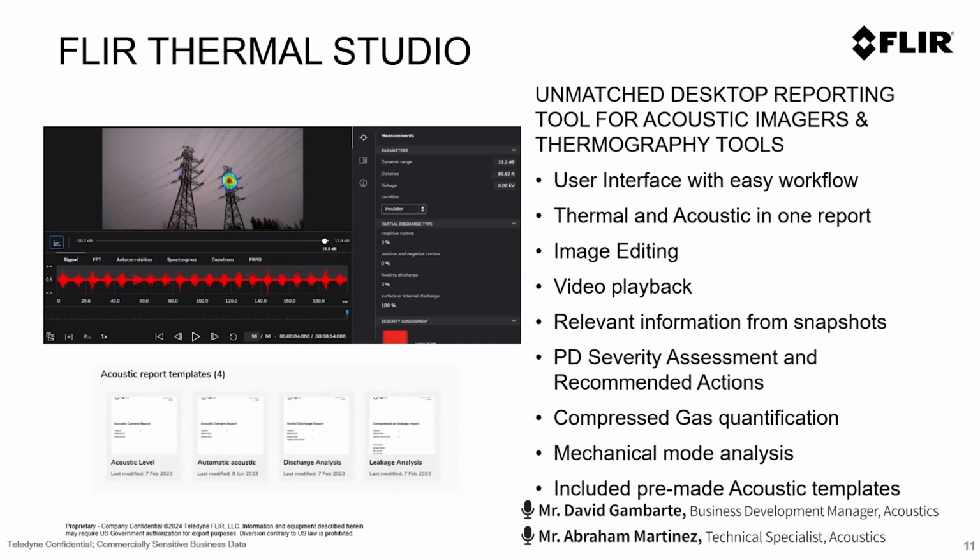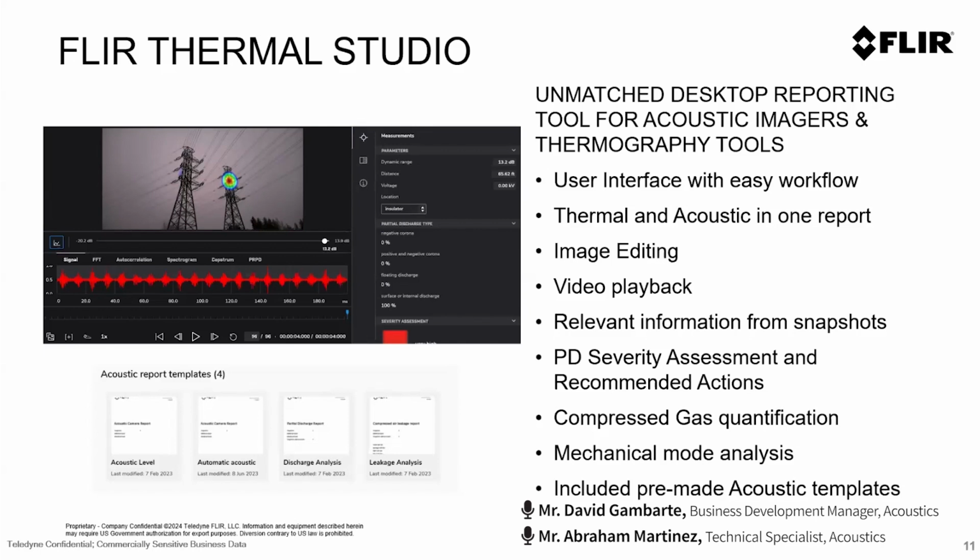Also, you can visualize the results and the relevant information from the snapshots. The dynamic range means the SPL level, as well as the distance and some parameters according to the mode that you are selecting. In case you are using PD, it will show, for example, the voltage and the location. If you are using compressed gases, it will also display the type of gas.